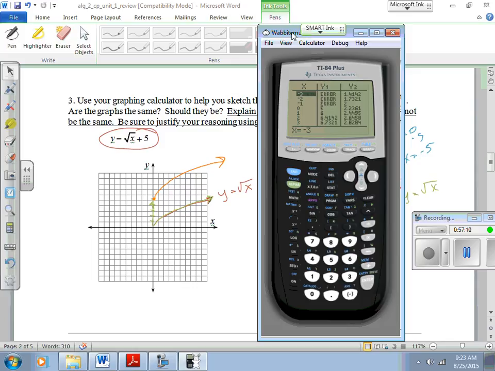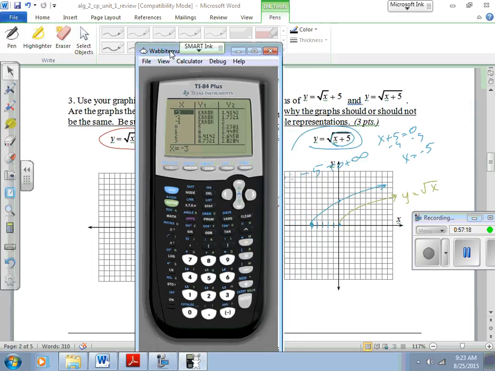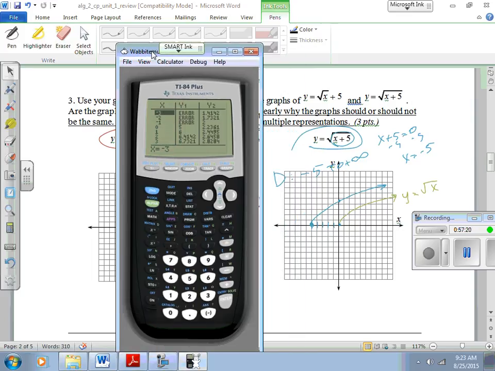Now let's take a look at the domain on the second graph that we just did. Should there be an error after -5 going that way? Go ahead and scroll up to where -6 and -7 would be. You see the second one?